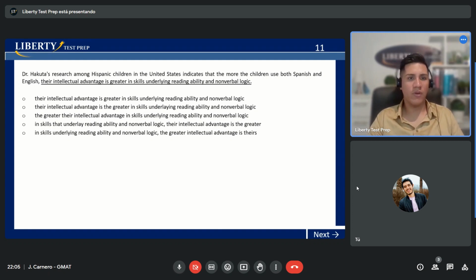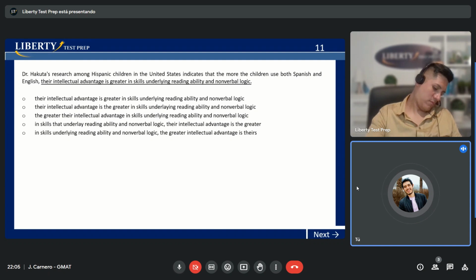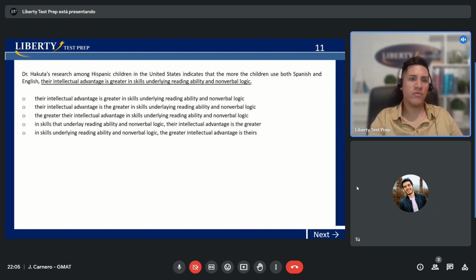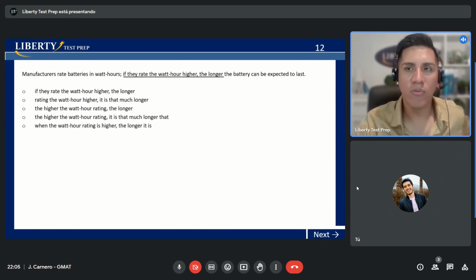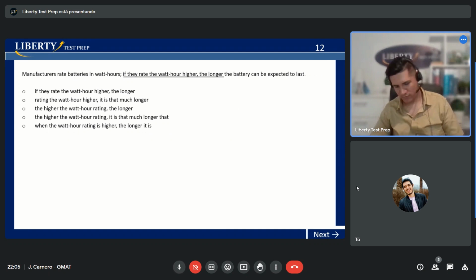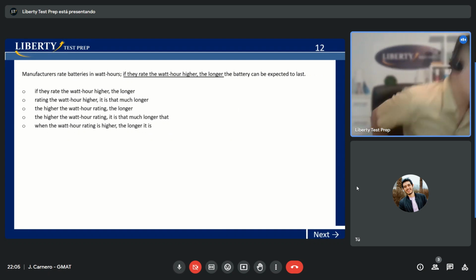Letter C. Okay, very good. Why? The idiom is "the more, the greater." Yes, the more the greater. Very good. Easy. What about this one? Number 12.